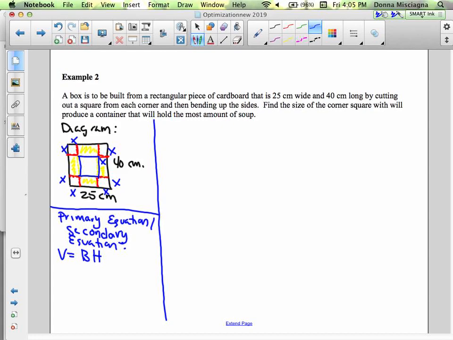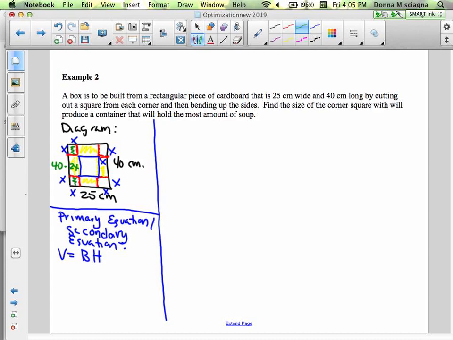If we look at the blue line vertically there, we started with 40, but you cut an X here and an X here. So this would be 40 minus 2X. You cut out 2 X's.